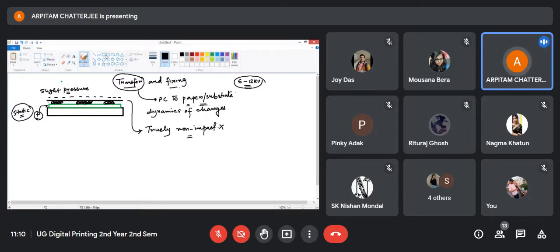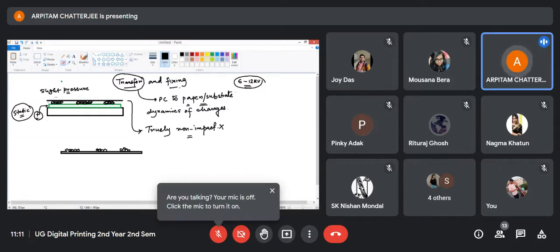After this, as you can understand, we now have the paper, and on the paper we have the toners. But these toners, as you can understand, were basically transferred by means of a potential difference. And once this electrode or whatever mechanism has been taken away, that means once these charges are removed, these toners may again go back to the photoconductive drum because they don't have any attractive force over here.